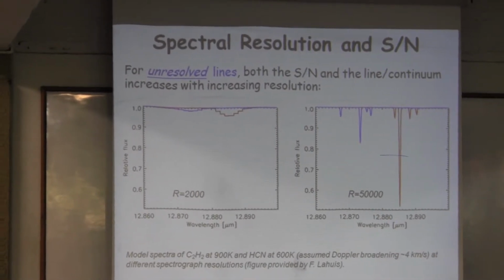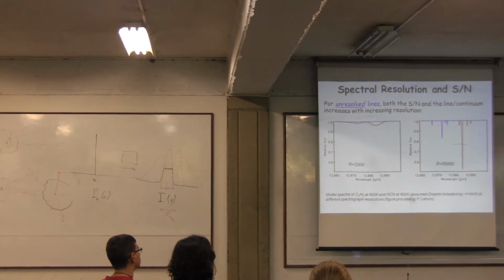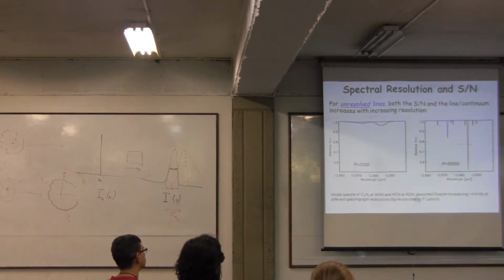And again, I'd like to make the analogy to the imaging case. For imaging, we said if you take a bigger telescope, you have more sensitivity and you get more spatial information, more detail.